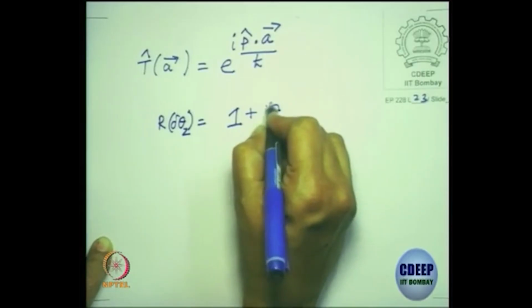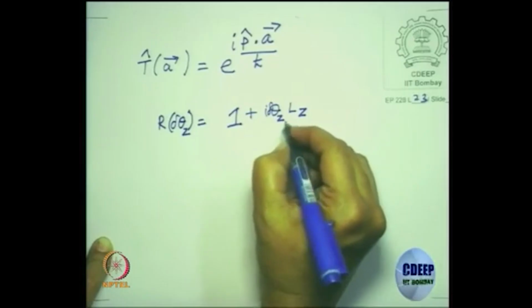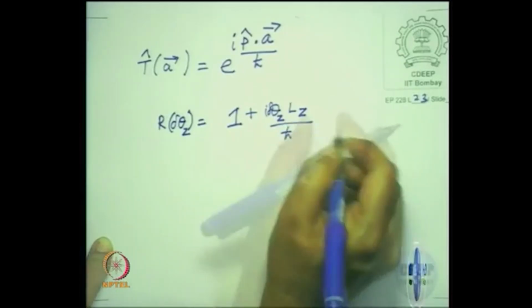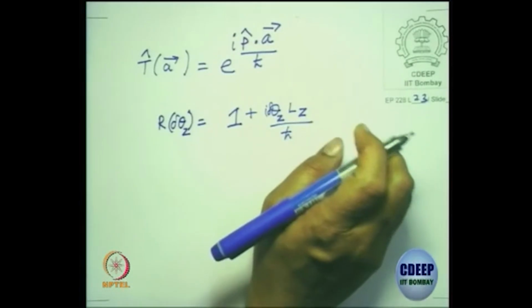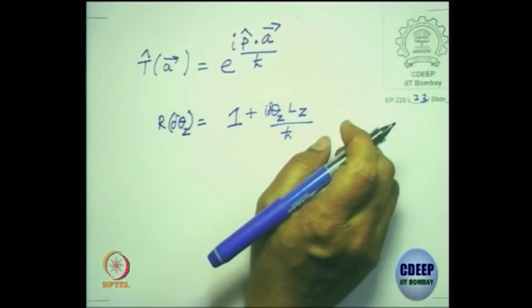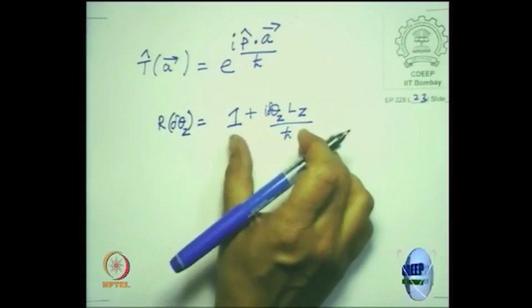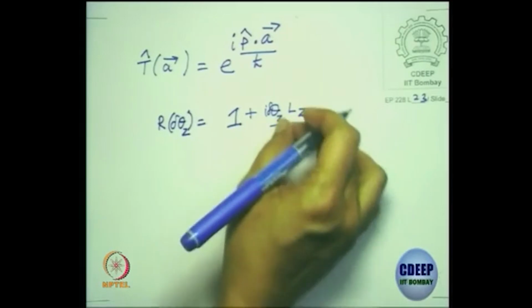Then what did we have? Lz by h cross. I asked you to look at how the r vector changes under infinitesimal rotation and fix what the rotation operator should be, and you write this. This is for infinitesimal.